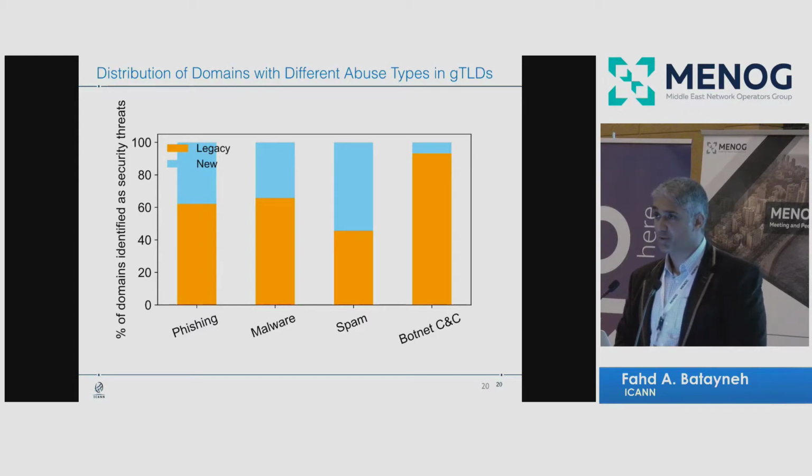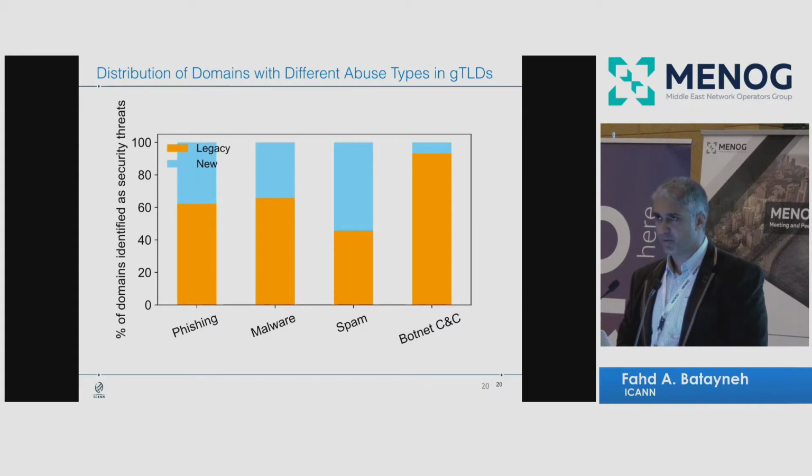In terms of botnet command and control, the majority of abusive behavior comes from legacy. And if we look at phishing and malware, it's 2/3 to 1/3. Of course, these are the results that were demonstrated for January.